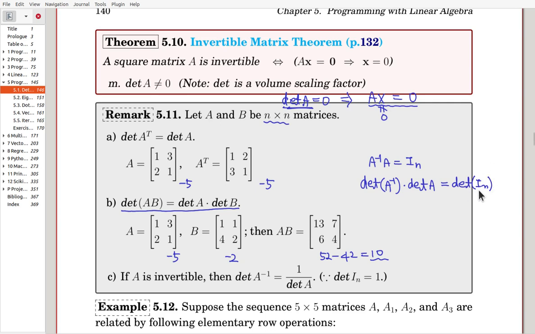Now, the identity matrix is both lower triangular and upper triangular, and the diagonal entries are 1, so their product must be 1. So the determinant of the identity matrix is 1. Now, the determinant of A inverse is 1 over the determinant of A. That is exactly this one.